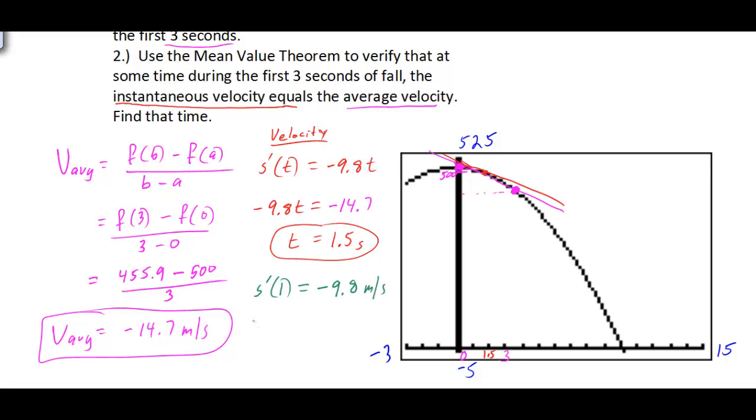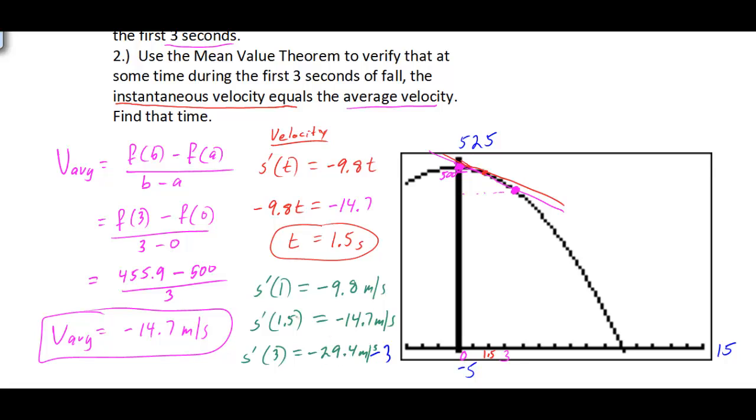And then what happens at s prime of 1.5? Well, we know at 1.5 it's a negative 14.7 meters per second. And what happens at 3 seconds? Well, at 3 seconds we would have a negative 29.4 meters per second.